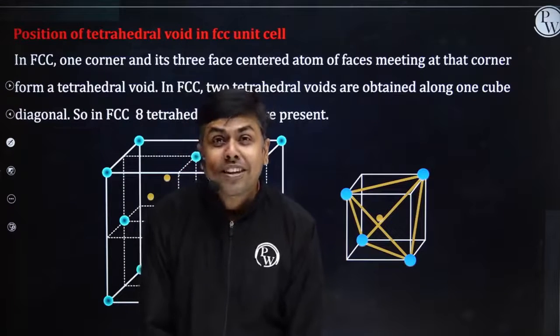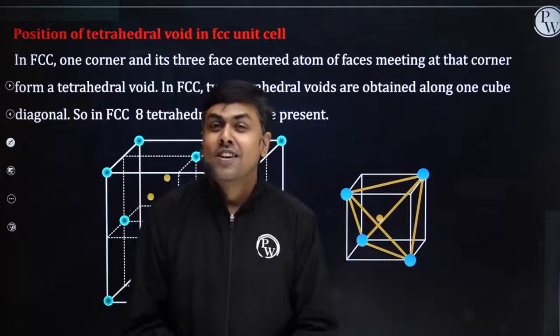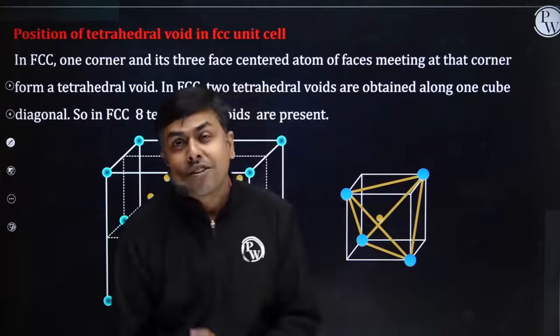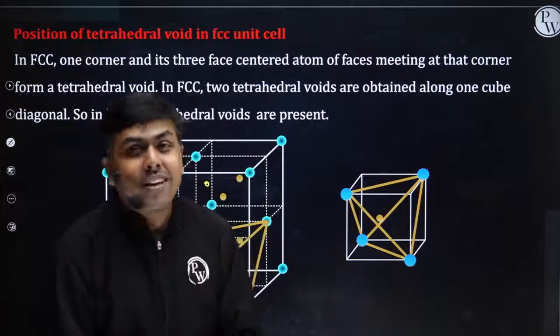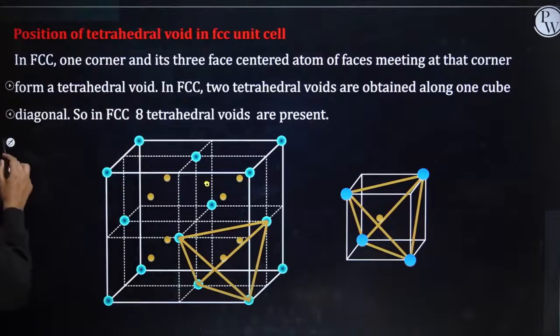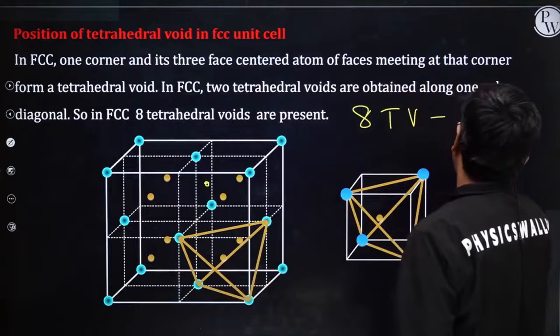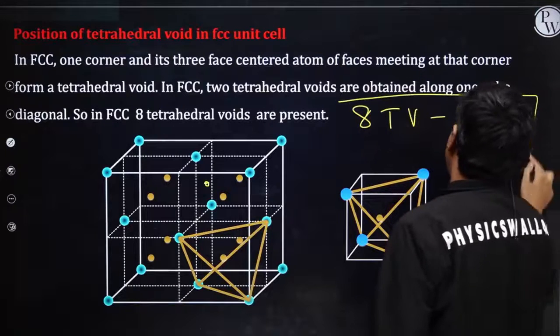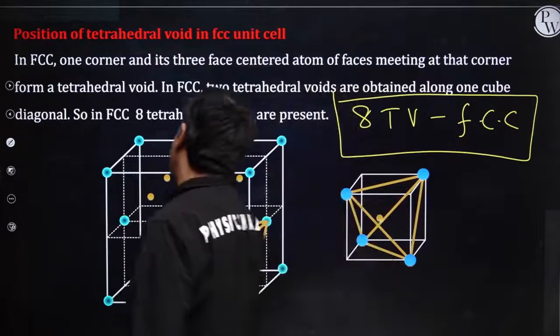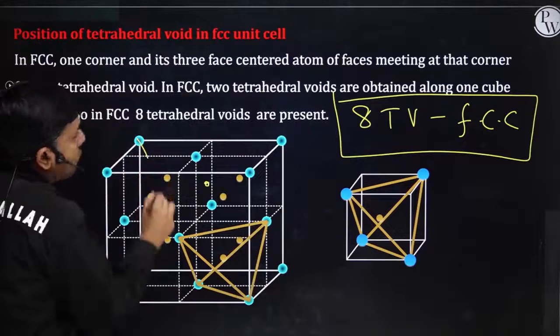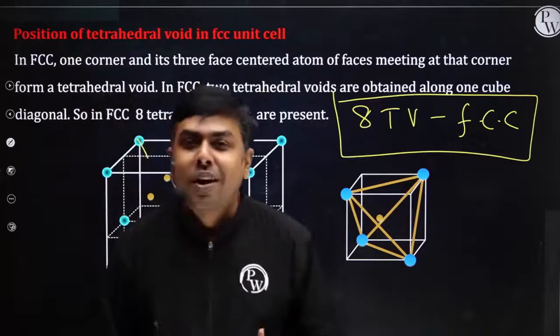How many corners are there? 8 corners. So how many tetrahedral voids am I going to get in FCC? 8 voids. 8 tetrahedral voids in FCC, which will lie along each corner at a distance of root 3 by 4 a from each corner.